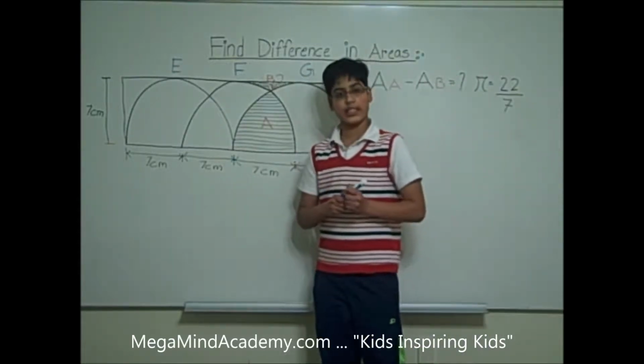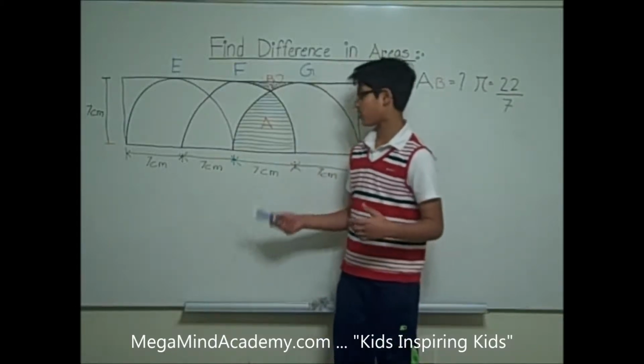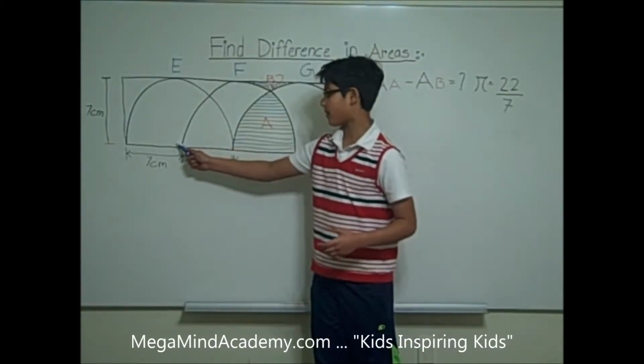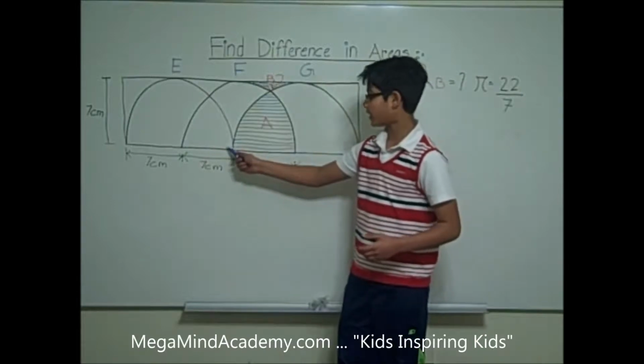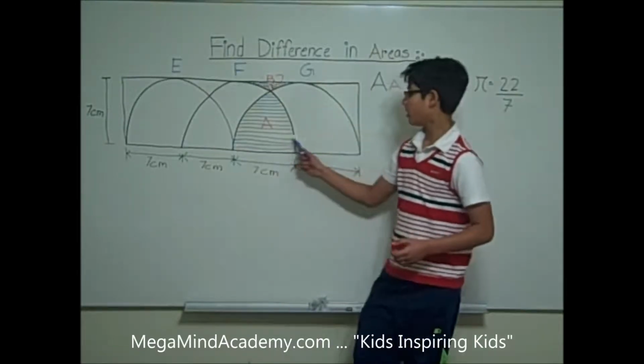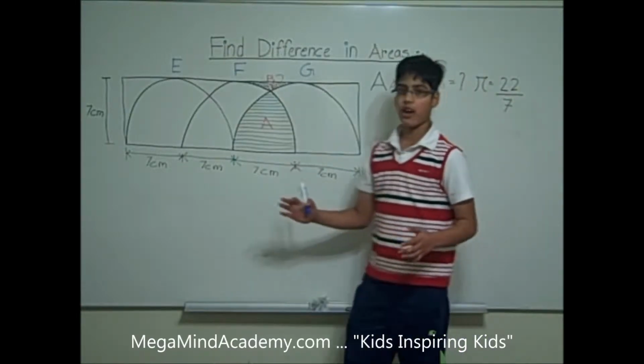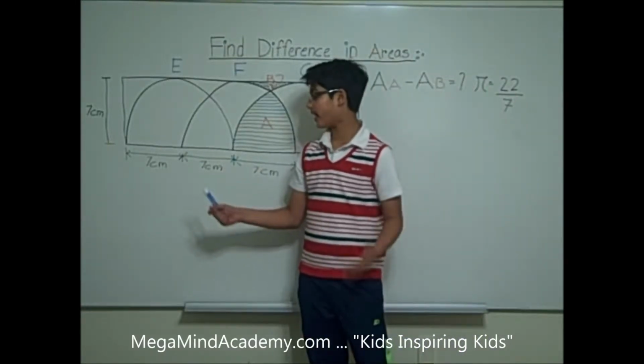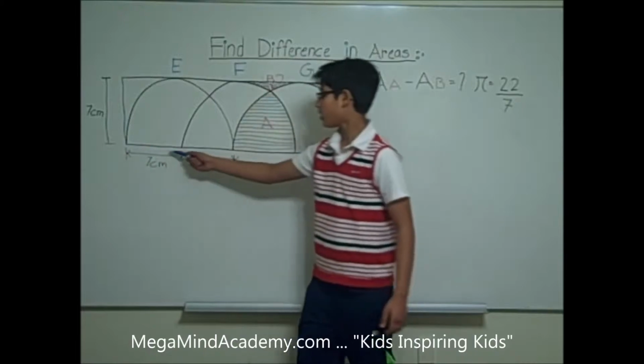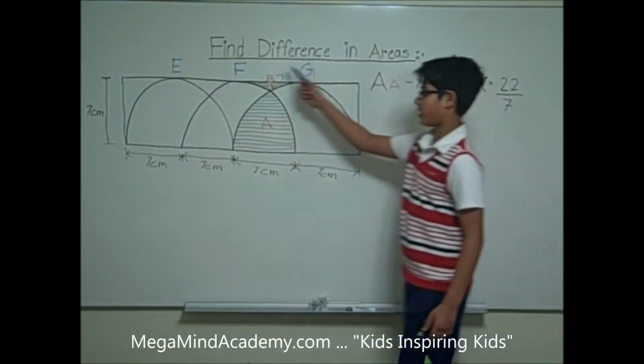We can also see that the centers of these semicircles, this is the center of semicircle E, the center of semicircle F, and the center of semicircle G, all lie on the same straight line, which is the base of this rectangle.